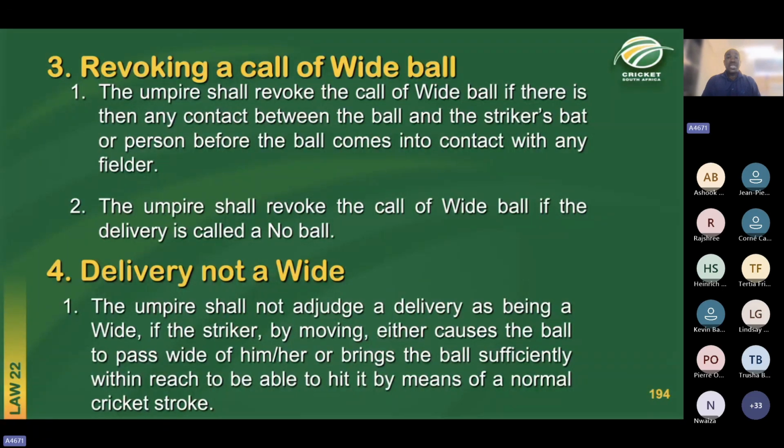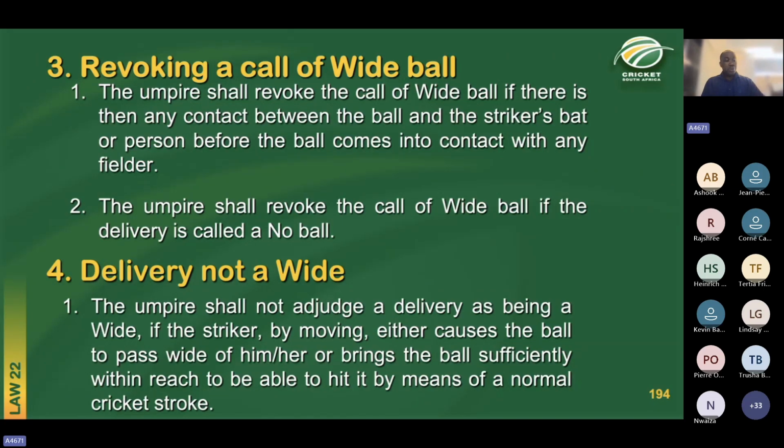We sometimes see batters moving away to the leg side, and if the ball is bowled half a meter outside the offside, now all of a sudden they cannot reach it. But if they were in their normal stance, then they could have been able to reach it. So that would not be called a wide.